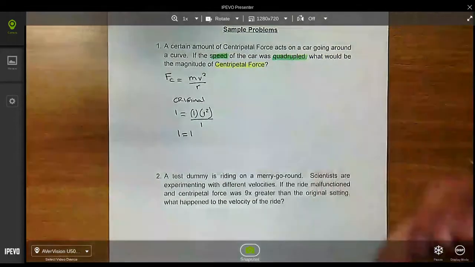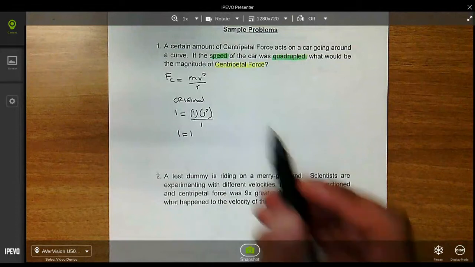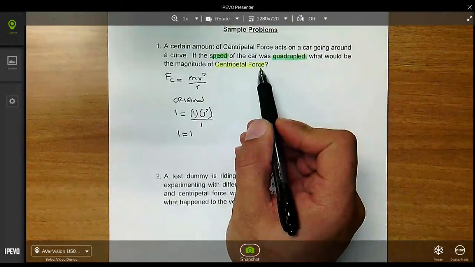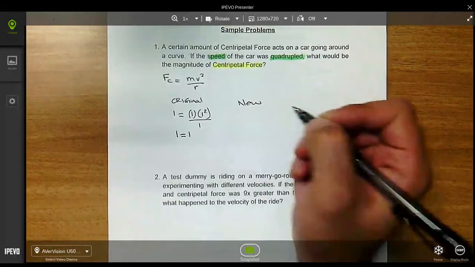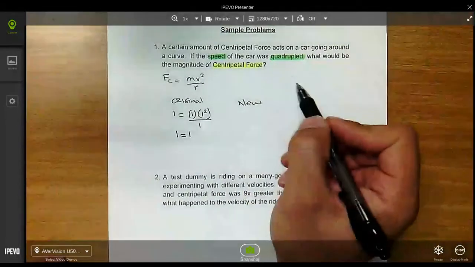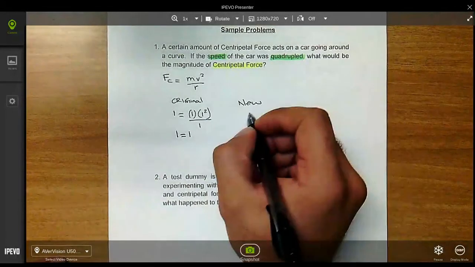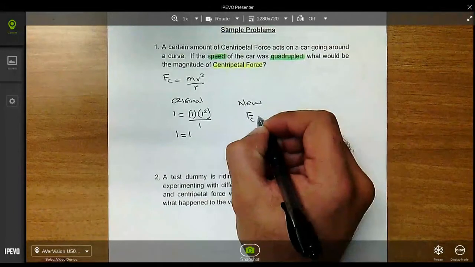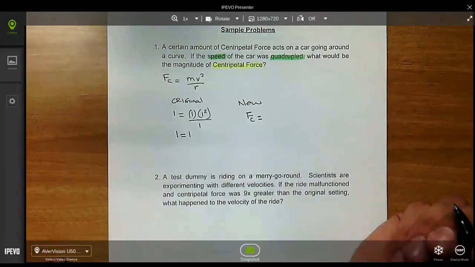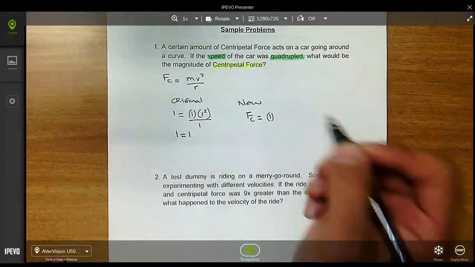Now what you're going to do is take what the problem asks you to do and simply change that one single value. We said that we're looking for centripetal force, which means that on the new one, our second scenario, we're trying to find centripetal force. So if we're solving for that one, we just write its variable. We're going to say Fc instead of 1, because that's what we want to find out. We're not going to change anything on our mass, so it's still 1.